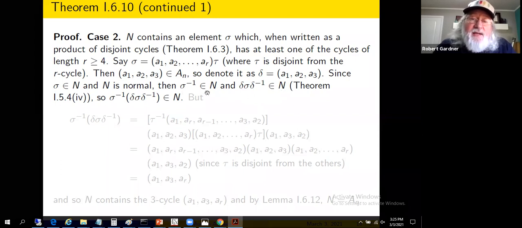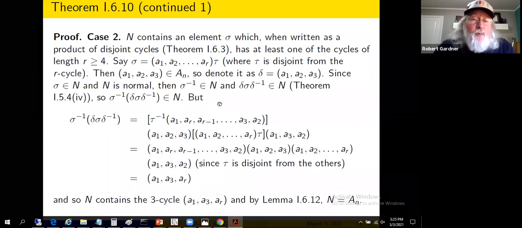That's in N, sigma inverse is in N. So let's multiply that conjugation there on the left by sigma inverse. And that'll be something in N. All right. We can write this sigma inverse delta sigma delta inverse thing in terms of the symbols we've introduced like this. So let's see, we've got a sigma inverse, that's inverting this element.